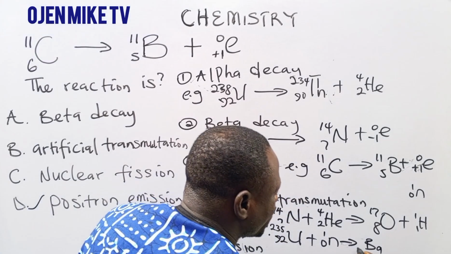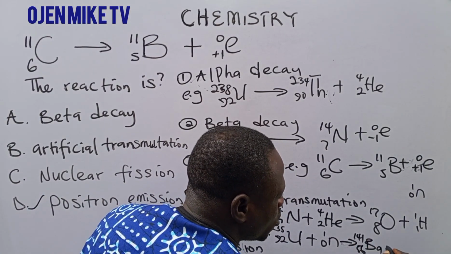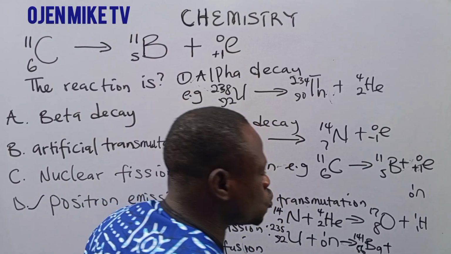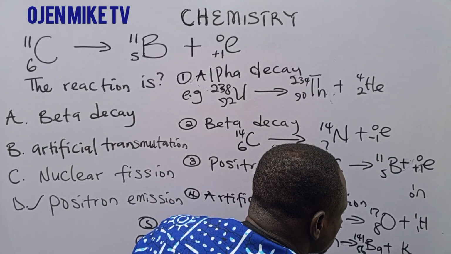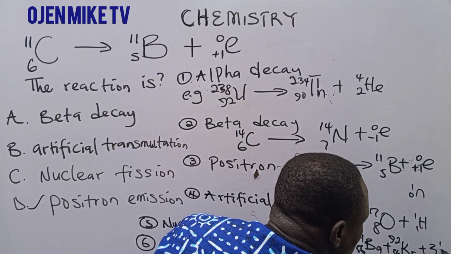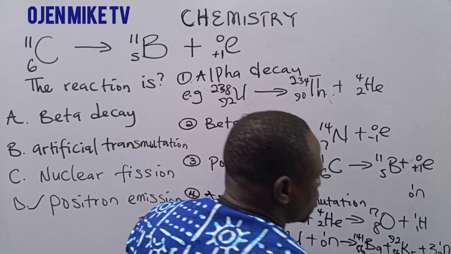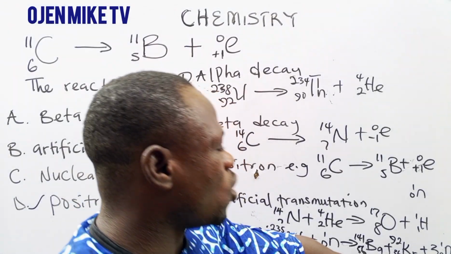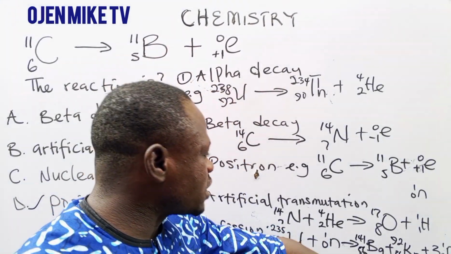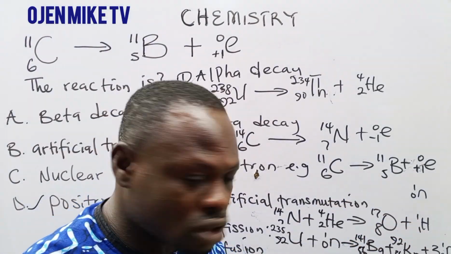Barium has atomic number 56, mass number of what? 141, plus krypton. Three neutrons are released. There is a release of what? Three neutrons. So anytime you see an equation like this, what? A nuclear fission. All right.